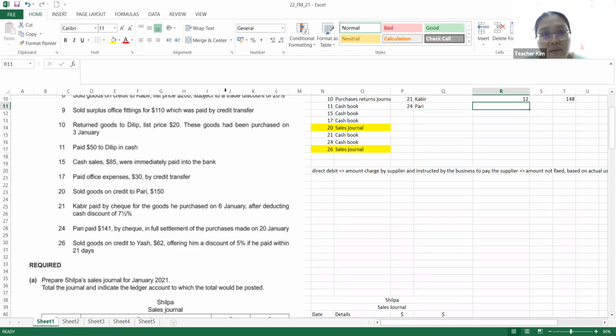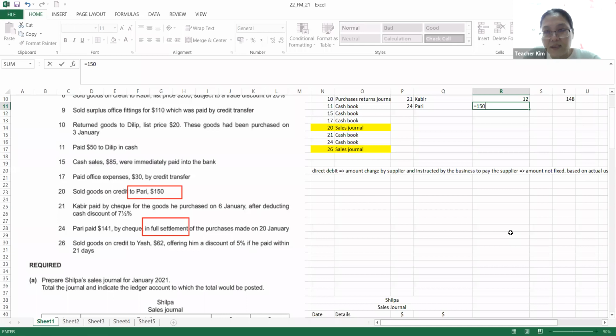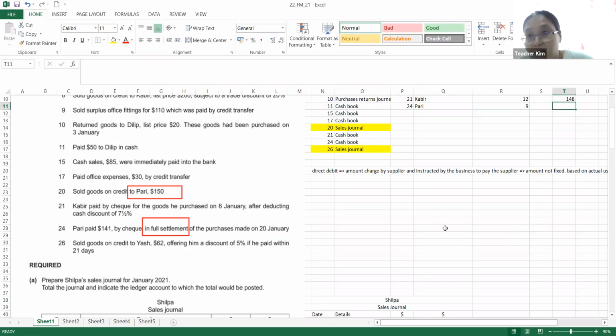And the words they use in here, in full settlement, mean that no more outstanding. So where does the difference come from? The difference comes from the discount. So the discount given by Shipa to the Pari, 141. Okay, and here is 141. Full settlement means that this 150 is paid off, no more outstanding.